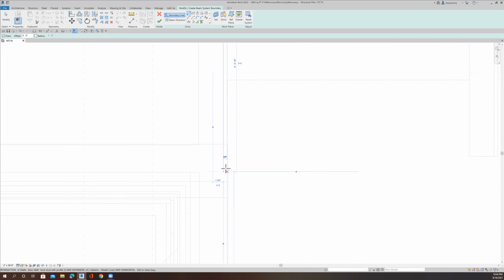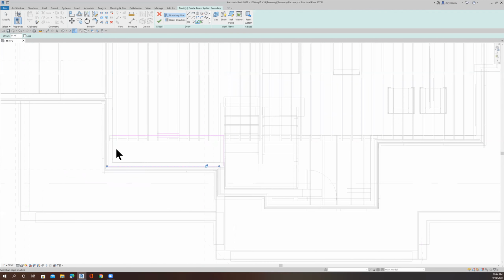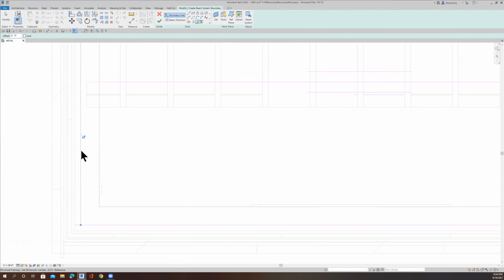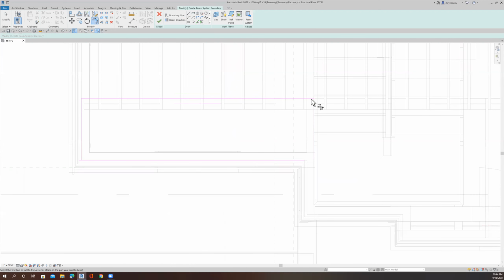And this guy comes down to here. Let's grab this line by just clicking on him. And let's do the same thing over here just to be lazy. Now we'll clean it up. Trim extend. And there. Now the beam direction is wrong, so I'm going to put it here.